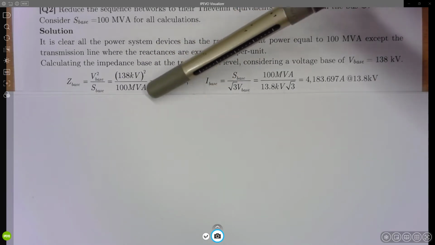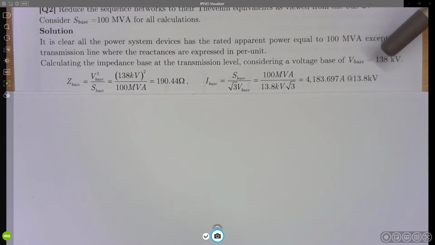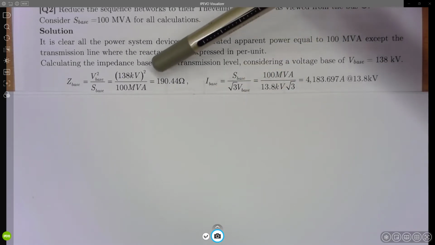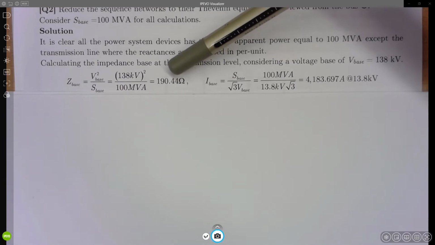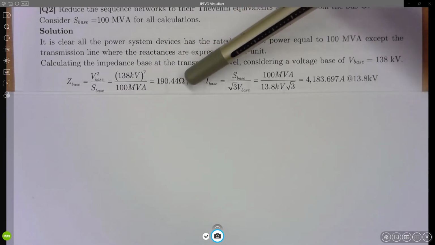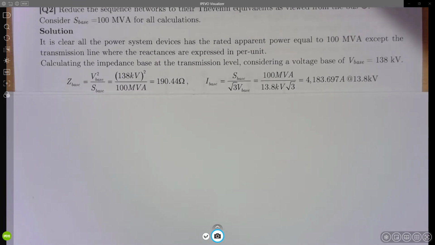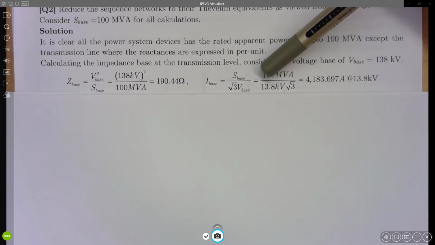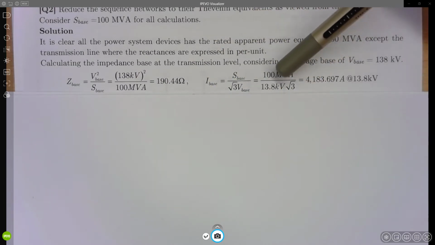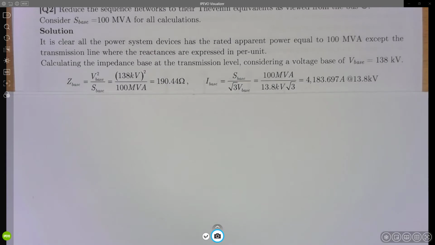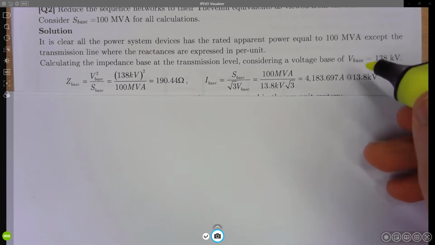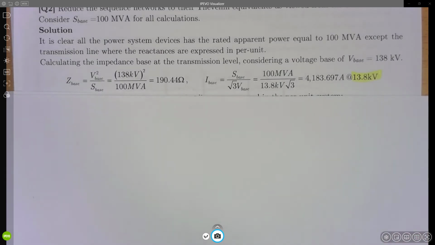We get that the impedance base at the 138 kV area is 190.4 ohms. The other thing I will do is calculate the base current, at the voltage level of bus bar number 2, which is 13.8 kilovolts. When we run the calculations, it is 4,183 amps. Good.